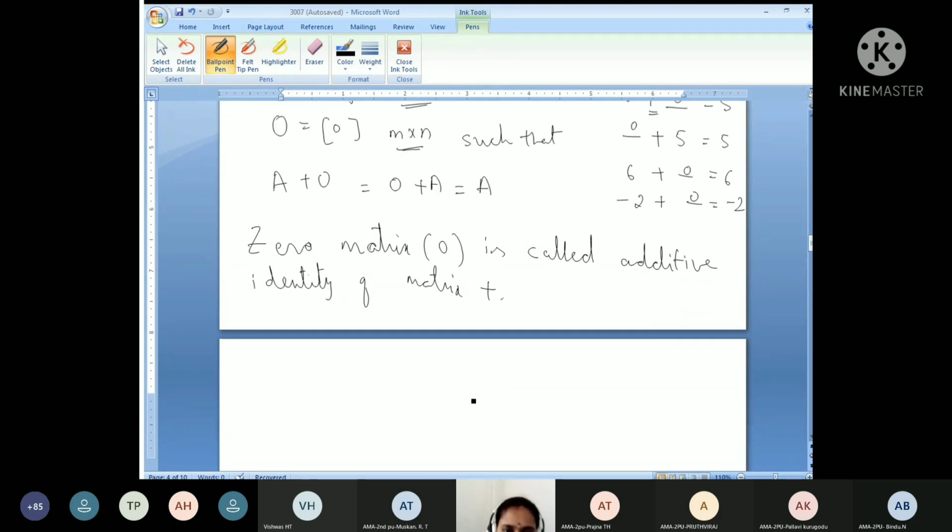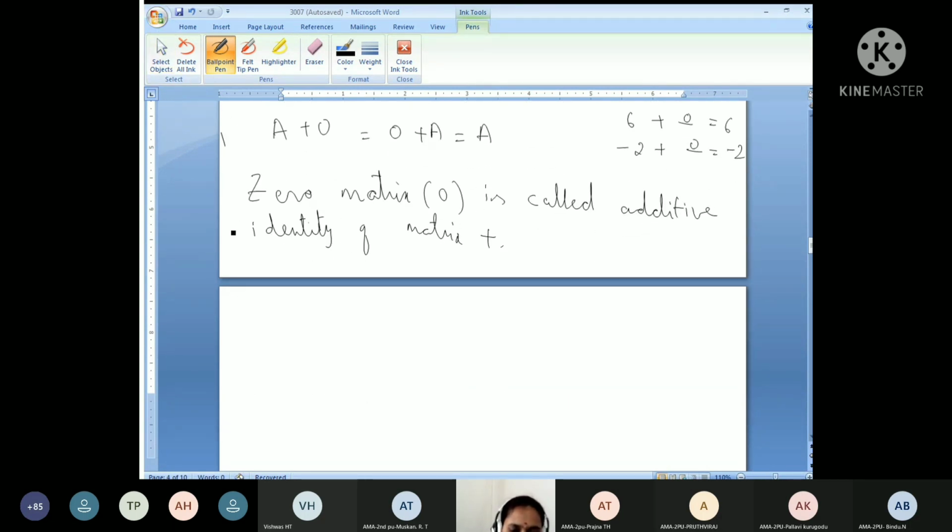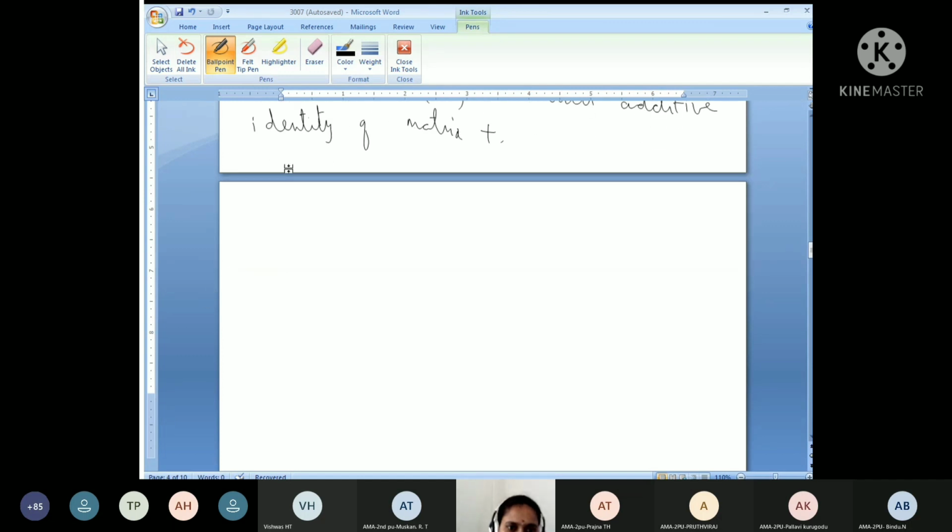Okay, so the next one, the fourth one, is also most important: existence of additive inverse.